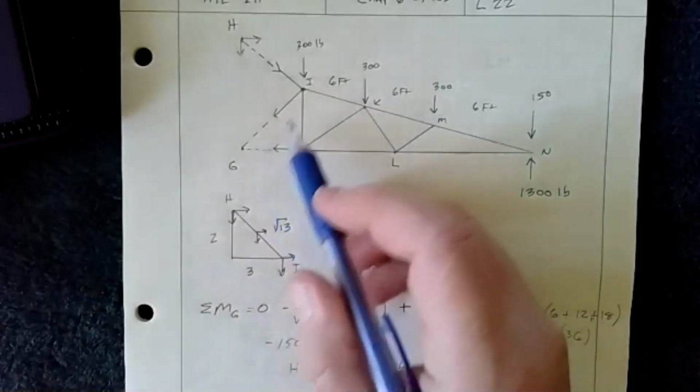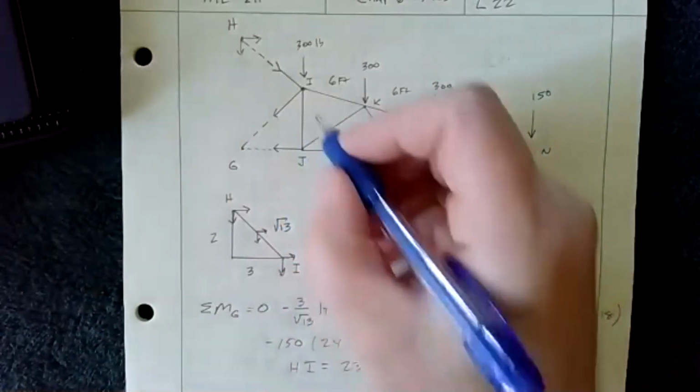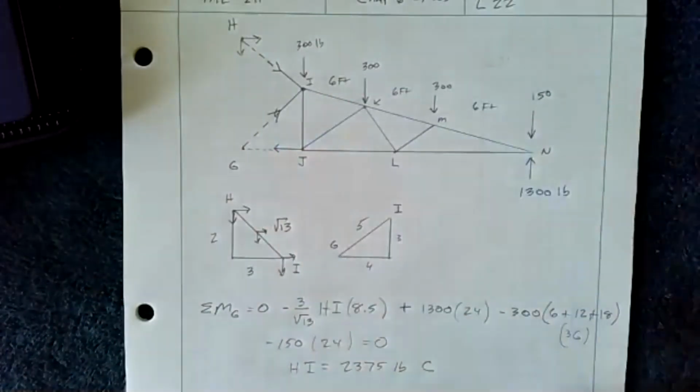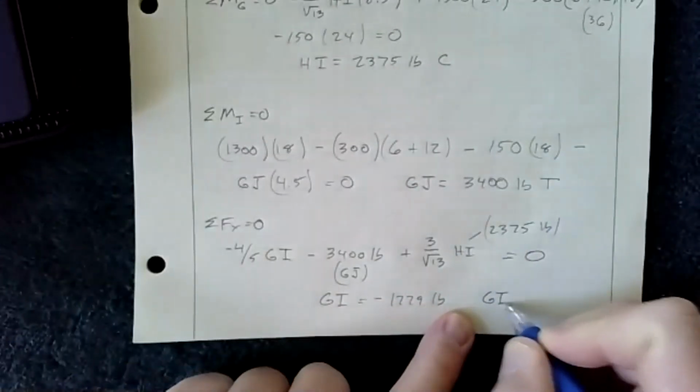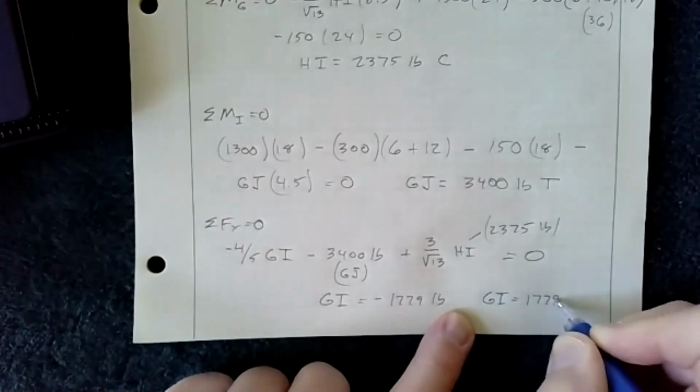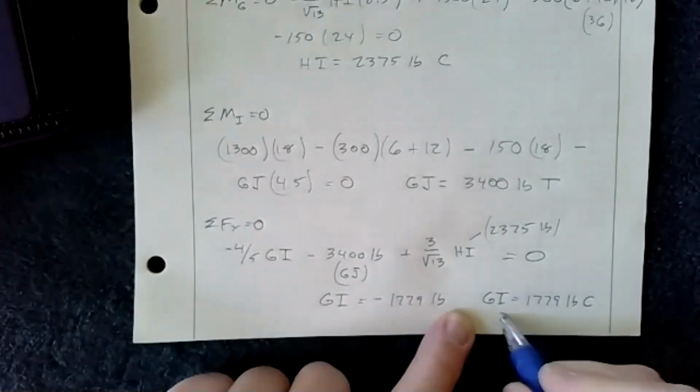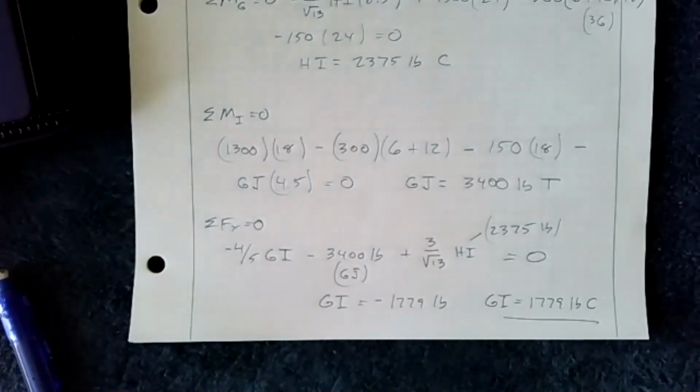Which meant that it was actually in compression. So this should have gone that way, and so my final answer is GI equals 1,779 pounds in compression. And there you have it. Okay, so that is the method of sections.